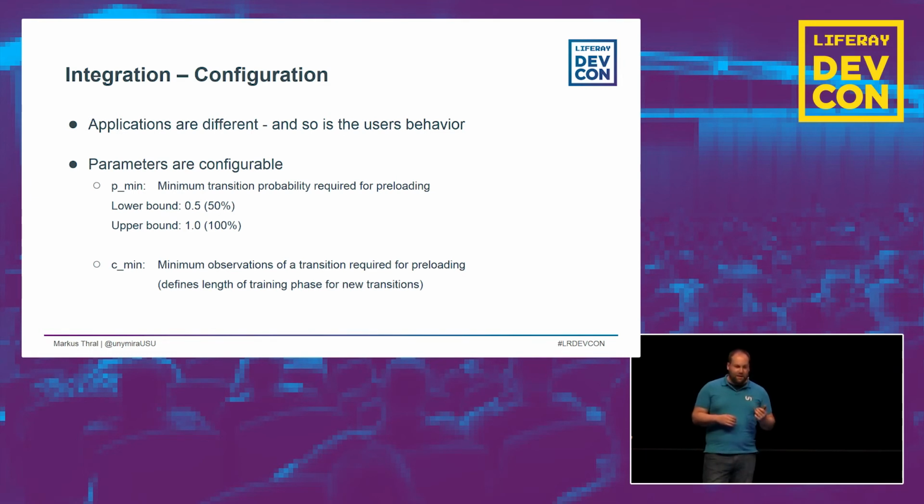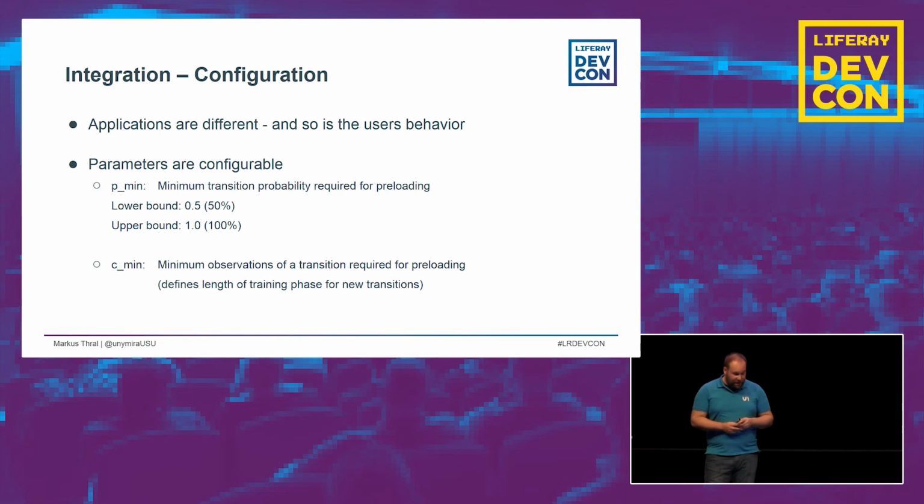So let's say you set it to 0.5, 50%, then the preloading starts only if the decision probability is minimum of 50%. You could set it to 100%, but there wouldn't be much preloaded.